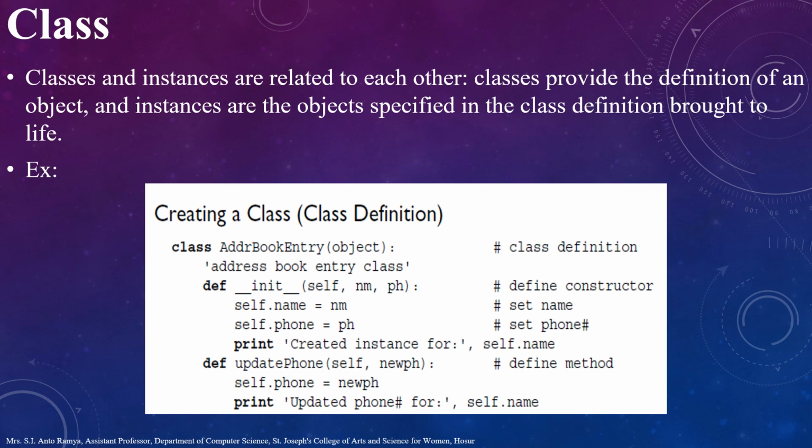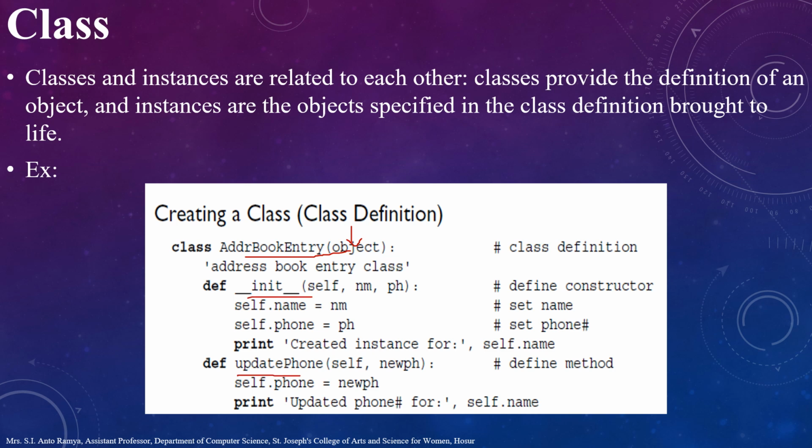Next one is classes. Classes are going to provide a definition for an object, and instances are going to specify the class definition. Here is an example, creating the class. AddressBookEntry is the name of the class, and within brackets we are passing object. Inside the class we have two functions, one called init and the other called update phone.